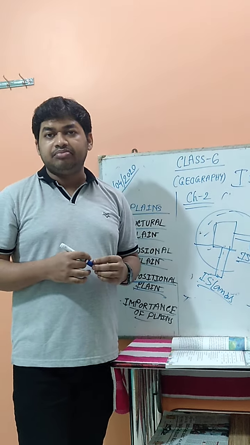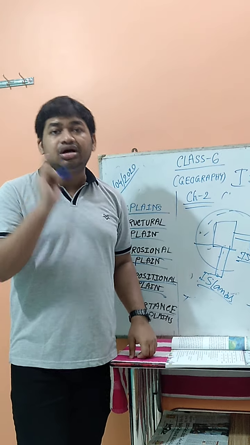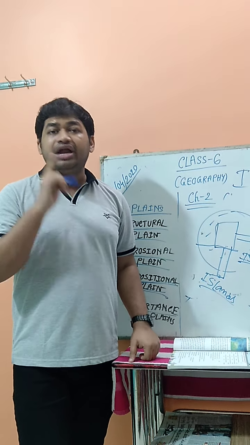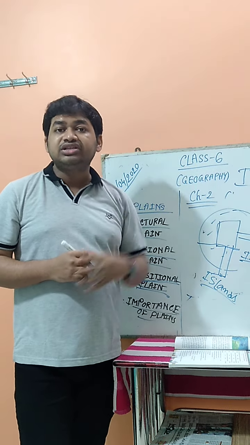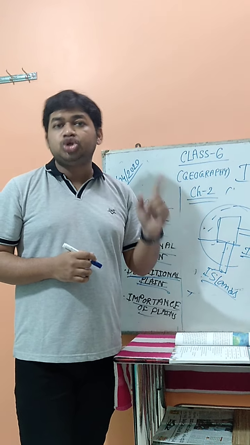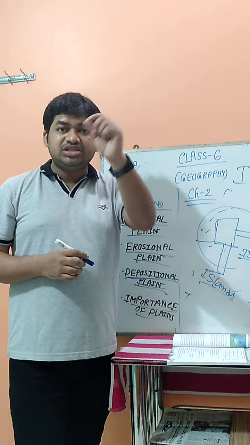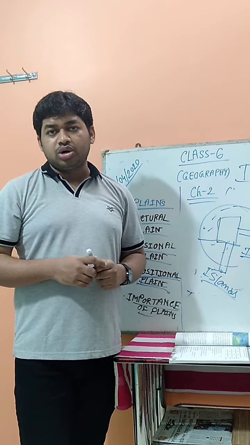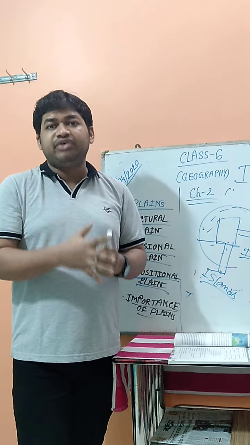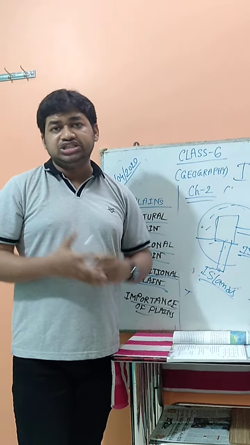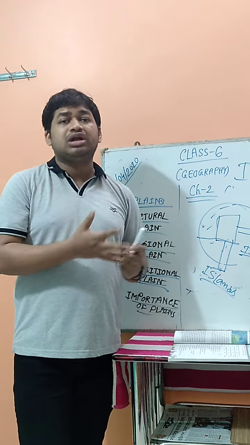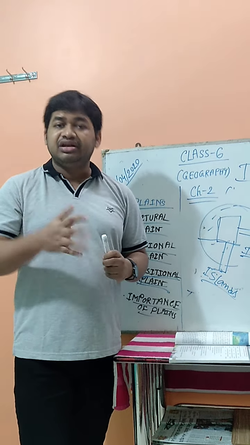If you do not learn geography, you cannot say in which continent or country a river is located. You have to read geography, then only you can say on which continent a civilization is located, beside which river, and through which continent or country the river passes. Without learning geography, you cannot say it properly in history.